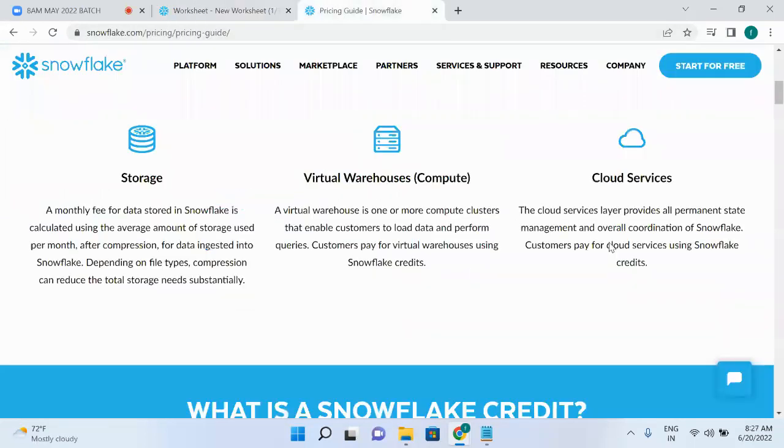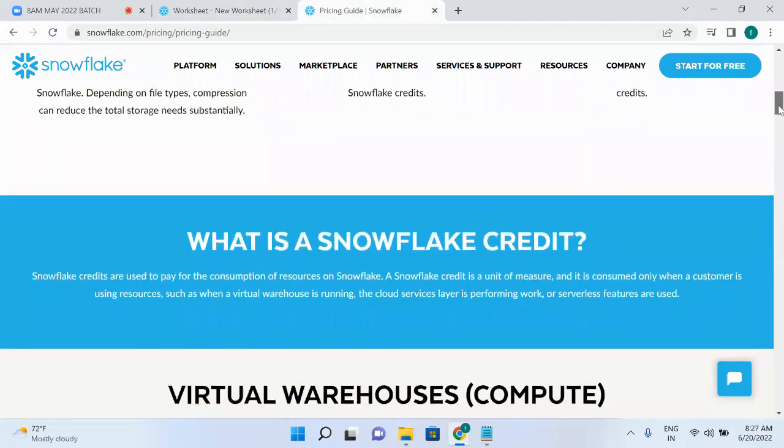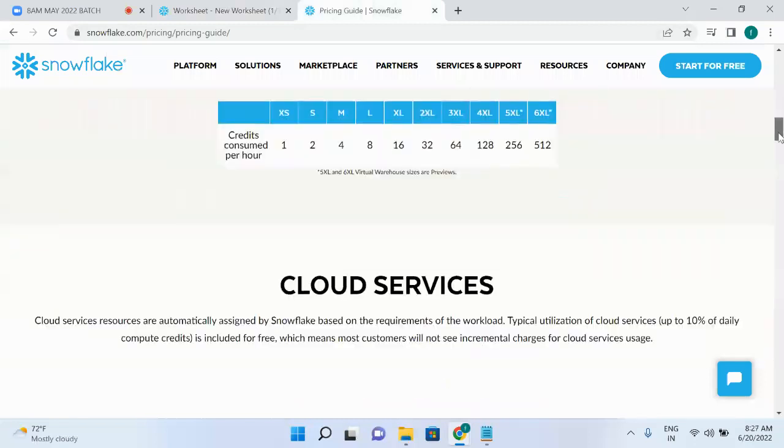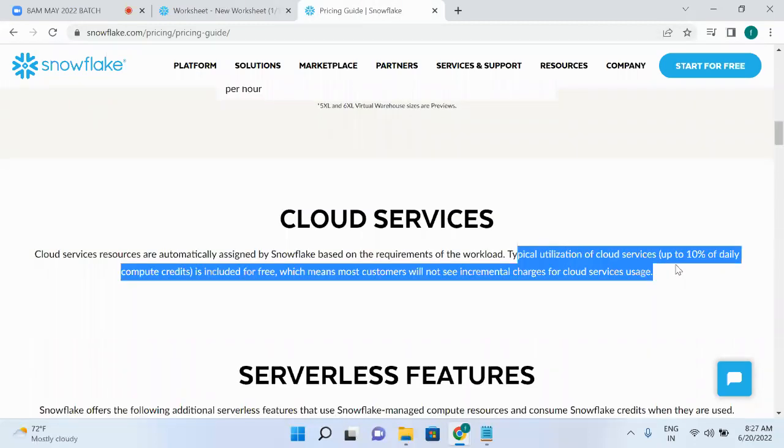Now, when you observe cloud service utilization, it will always be free. It means we won't consider charges for cloud service utilization, because Snowflake has set utilization of cloud services up to a 10% daily limit of the computation credit.